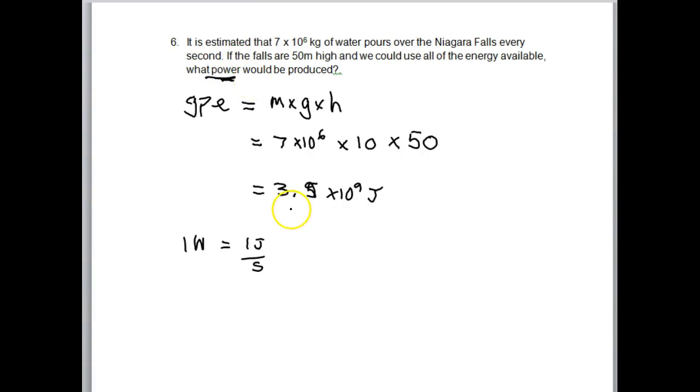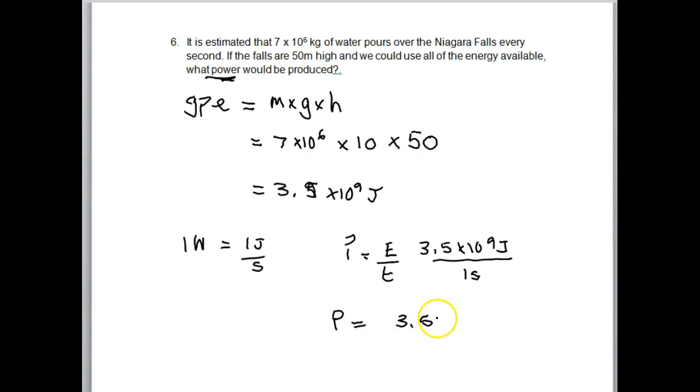So you have a time, because power is the energy or work done divided by the time. We have 3.5 times 10 to the 9 joules, all taking place in 1 second, so joules divided by seconds. Our power is the same as before, 3.5 times 10 to the 9 watts.